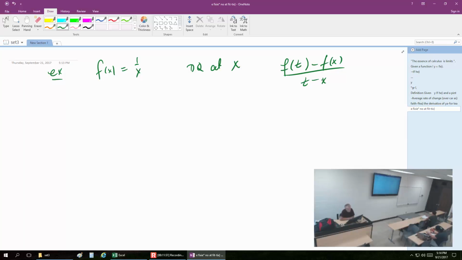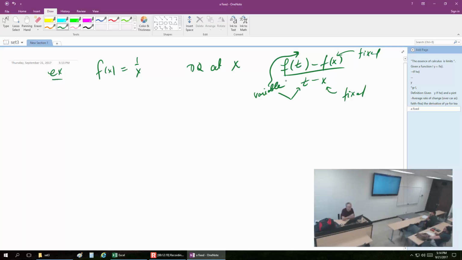Our x is fixed, and t is variable. It is variable in the sense of our limit. But before you get there, go through algebra. And then the answer should fall into your lap.